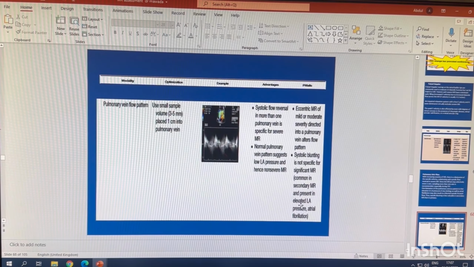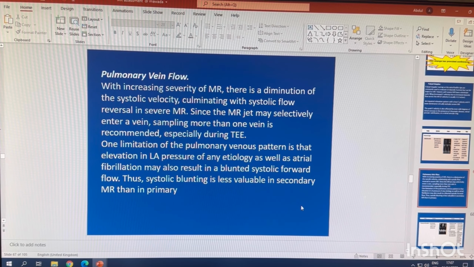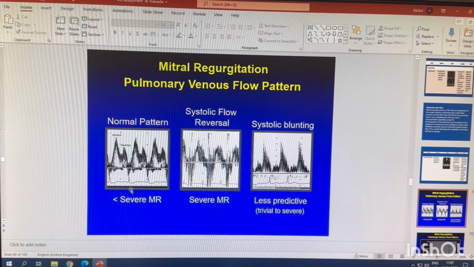So the next thing is pulmonary vein Doppler. As I told you, in pulmonary vein Doppler you are going to see three types of waves: one is systolic, one is diastolic, and one is atrial reversal.